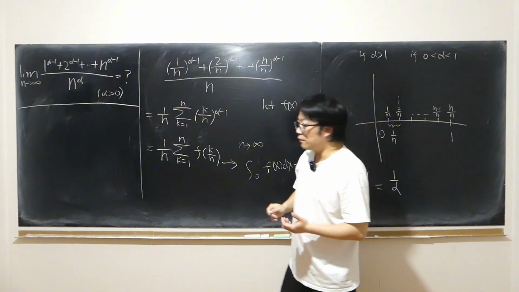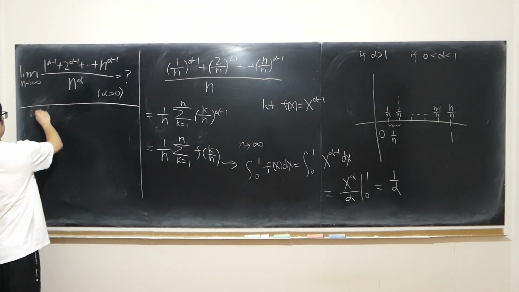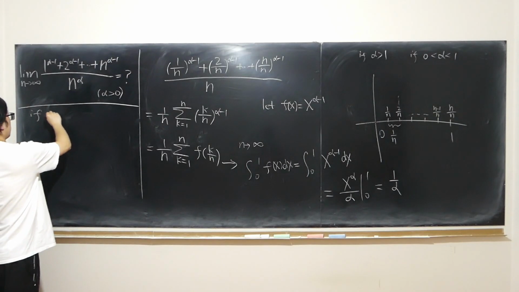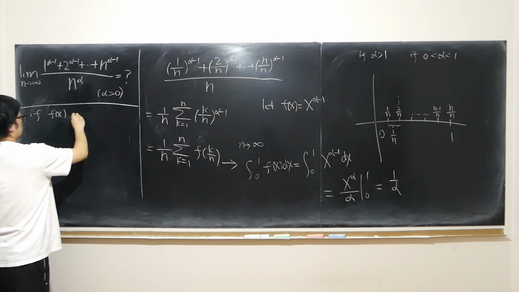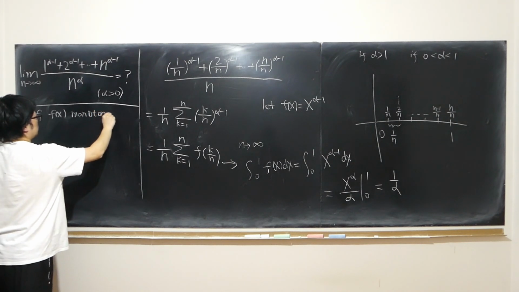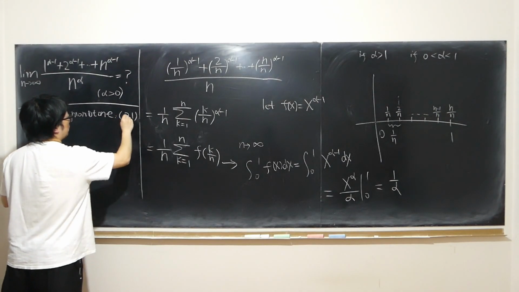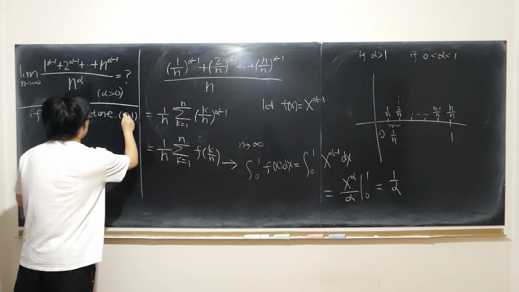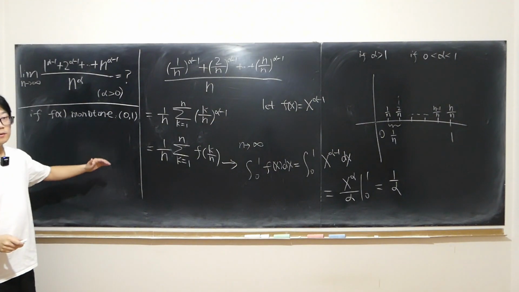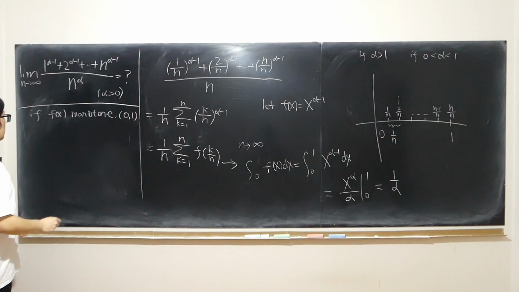So we need a further lemma that says: let's say f of x is monotone over the open interval 0 to 1. In other words, the function doesn't even have to be defined at 0 or 1.